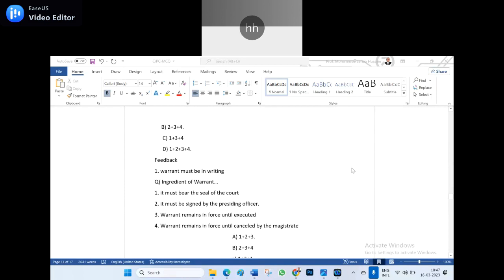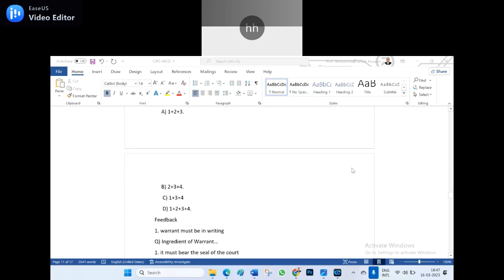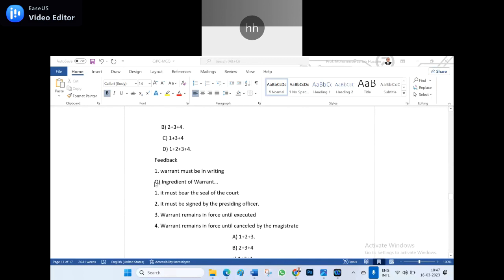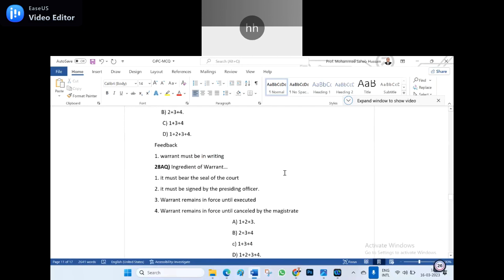Of course, I did not number it well, but we can make it 28A. I added this; whenever anything is added to the main, it should be added with the capital letter A. So, ingredients of warrant. What are the ingredients of the warrant?